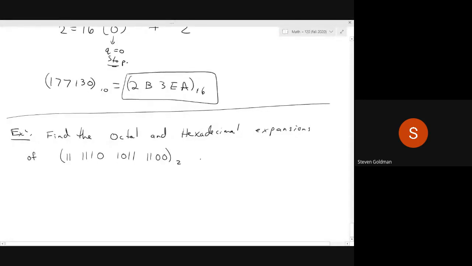By the way, just as a side point, in general, when I write out a binary number, and your book does this, I write it out in blocks of 4 just to make it a little easier to read. You don't have to do that. So here's a binary number: 11 1110 1011 1100. We're going to find its octal and hexadecimal expansion.